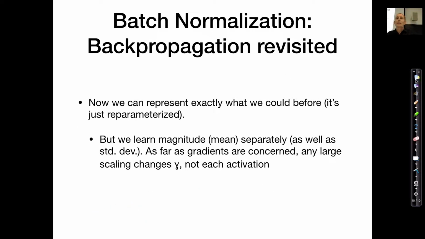We've basically gone through a bunch of work in our batch normalization so that we can express everything we could express before. The difference, though, is that the standard deviation and the mean are single values that can directly be controlled, rather than just the result of whatever's coming out of the previous layer.